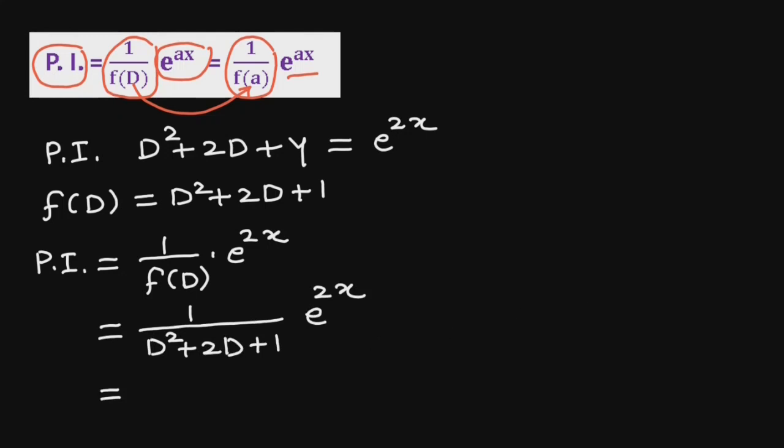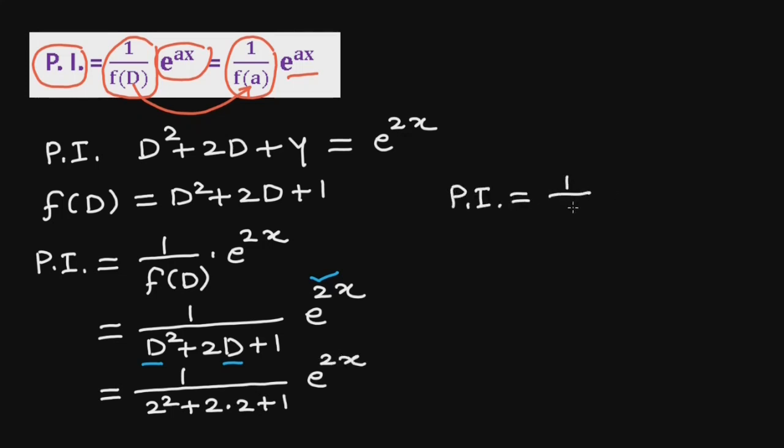Here we have to replace this D by this 2. So we get 1 upon 2 square plus 2 into 2 plus 1 e raised to 2x. So the particular integral will be 1 upon 9 e raised to 2x, e raised to 2x upon 9.